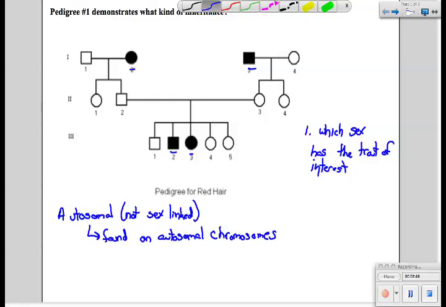The second thing I need to look at is, when does the trait occur? Does the trait occur in every generation or skip generations?